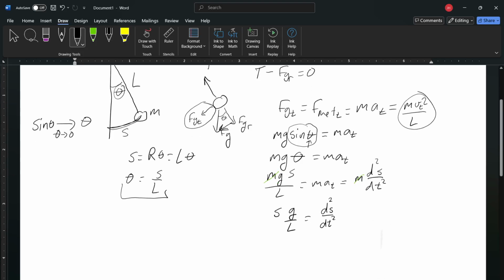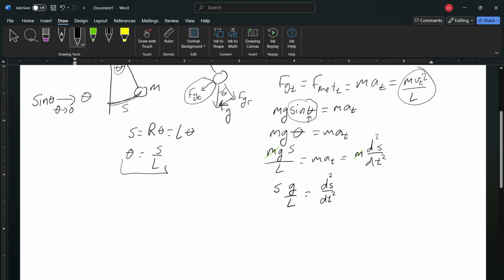Now, I can stop there, but for calculus reasons, we can go ahead and say, okay, I am looking for something, a function of S. So I'm trying to find a function of S, or a function S of t, such that when I take its second derivative, I get the same function back with a g over L.